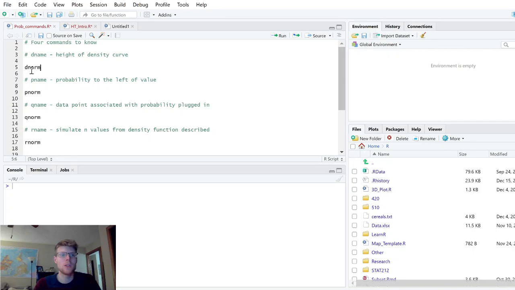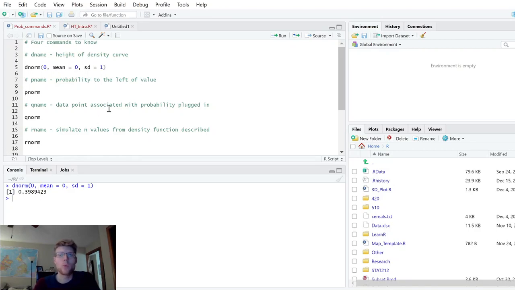The d function is going to produce the height of the density curve. So for example, if I was working with a normal 0, 1 distribution, and maybe my data point is, we'll just say 0, then I'll do mean equals 0, and SD equals 1, and this is going to output the height of the density curve at that point.